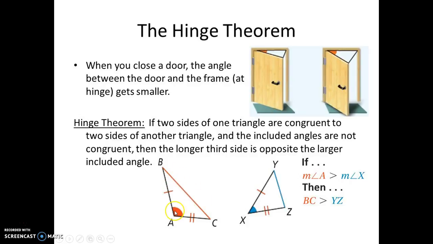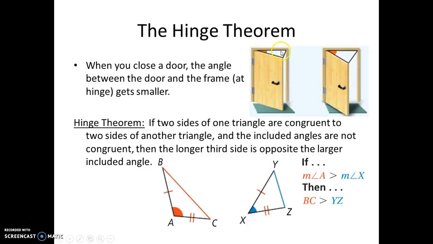Well, if this is the bigger angle, won't this be the bigger side? And if this is a smaller angle, the included one, then this will have to be the smaller side.